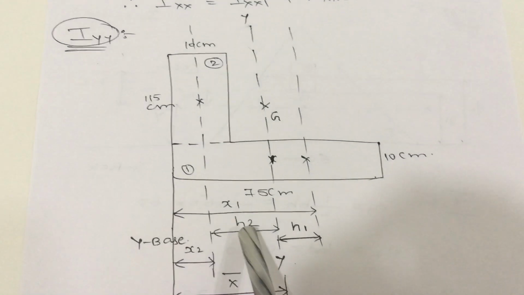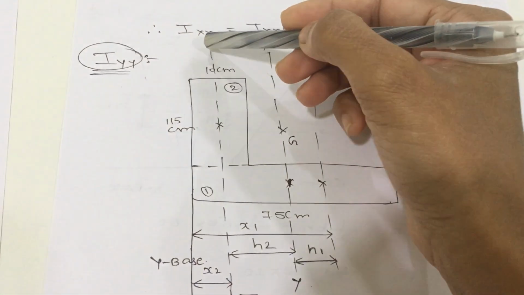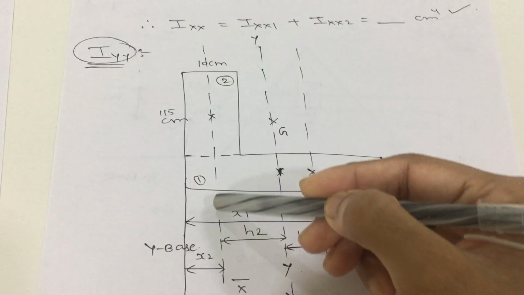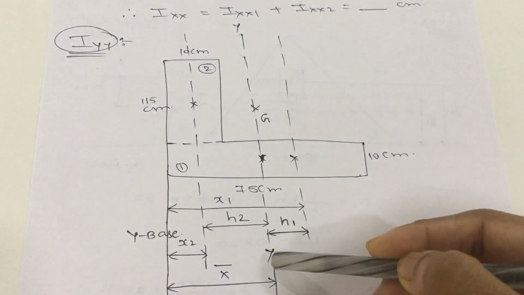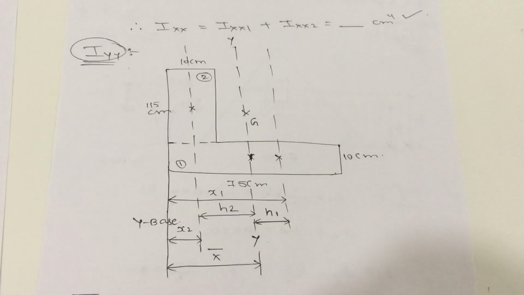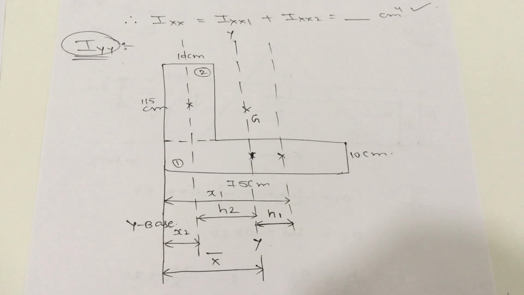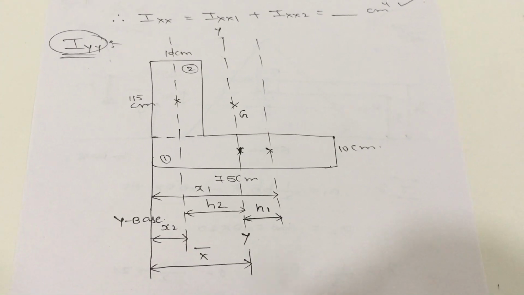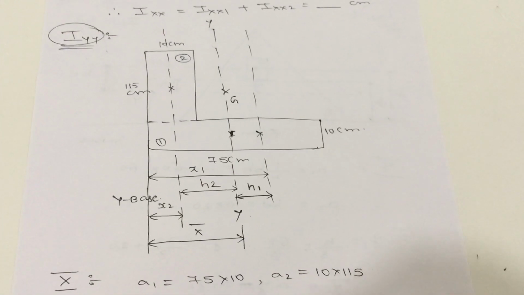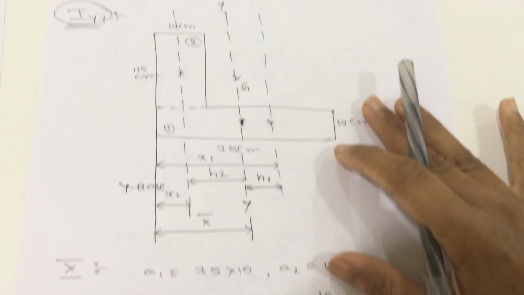Next, h2 is the distance between the centroidal y axis of the second section and the centroidal yy axis of the complete L section. By this, in this diagram, we got all the values for h1, h2, x1, x2 and x bar. From these values, we can calculate the Iyy value very easily.